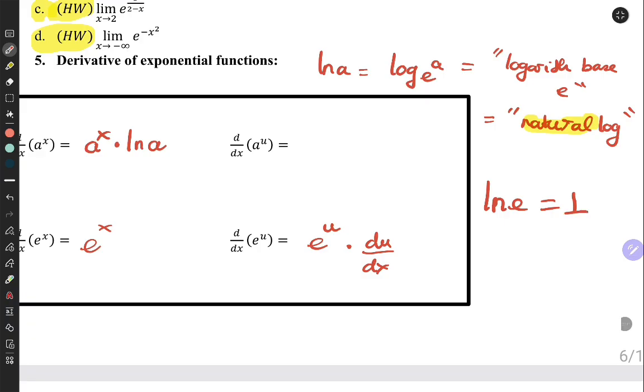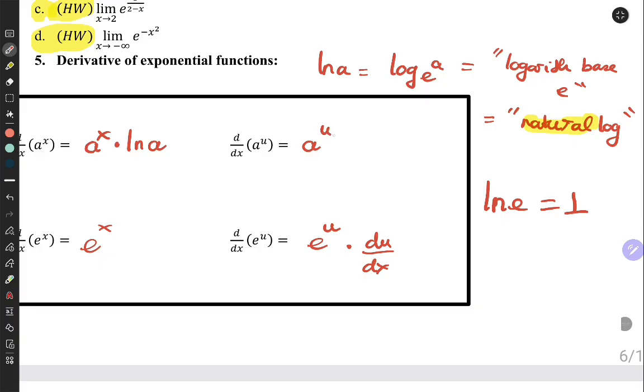Therefore, if you look at these two examples, they're basically the same. But this is a special case of this one, a special version of this one. If you have e to power x, you replace the a with e here, right? E to power x times ln of e, which is 1. That's why you have e to power x. Okay, it's just a special version.